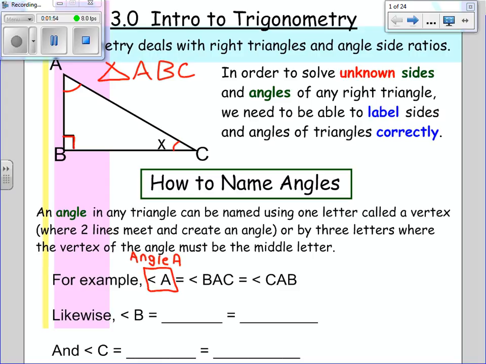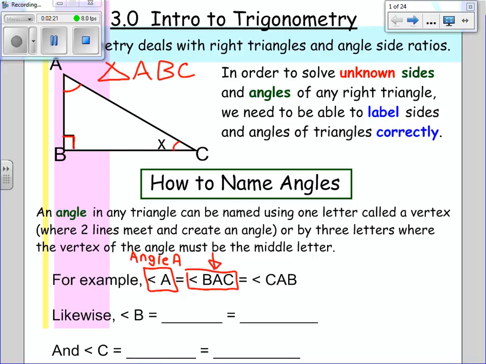That means angle A. Another way that they can do it is they can write out three things. So angle A is the exact same thing as this right here. That's angle BAC. The middle letter is the angle that they're always referring to. So angle A. Whatever letter's in the middle, that's the angle they're talking about.